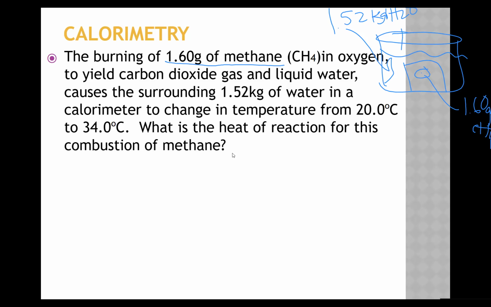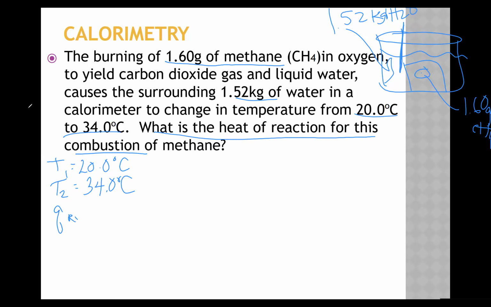And then we take the temperature, and the initial temperature is 20 degrees Celsius. And it changes to 34 degrees Celsius. And it says, what's the heat of reaction for this combustion? So we're looking for the heat of the reaction.